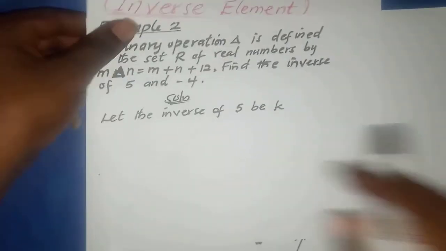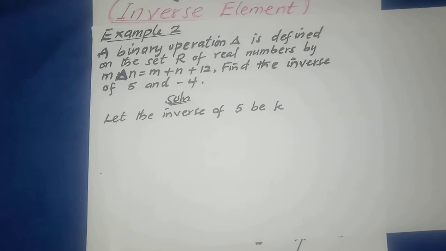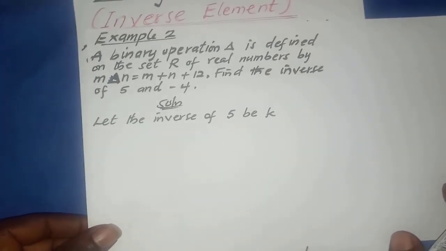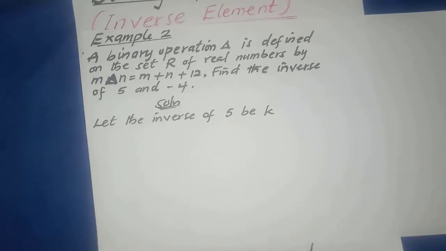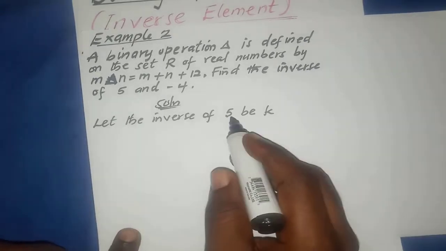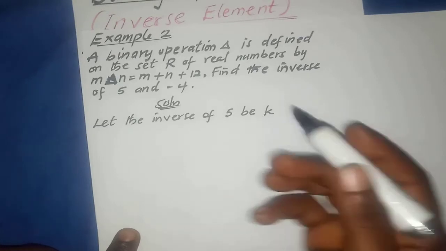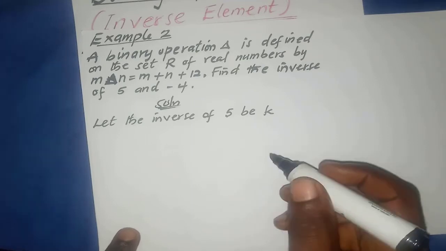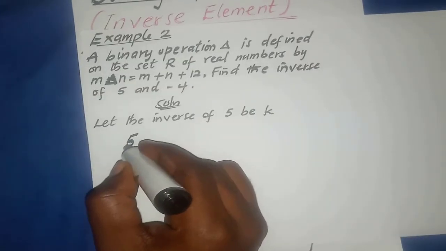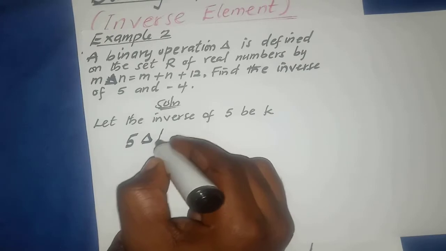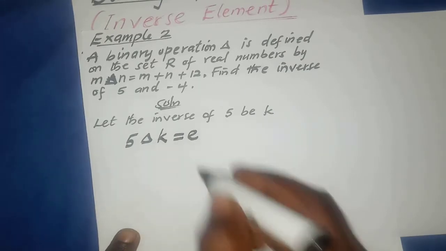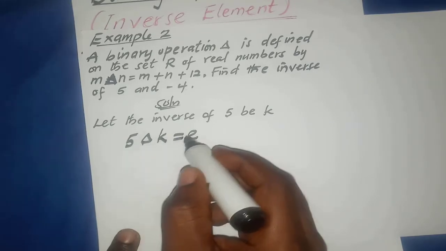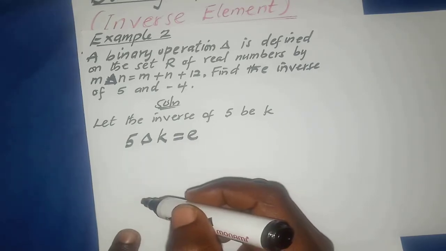So the solution: you let the inverse of 5 be what? K. We don't know the inverse, so let's assume that is K. So what it means is that 5 triangle the inverse, which is K, should give us the identity element E.